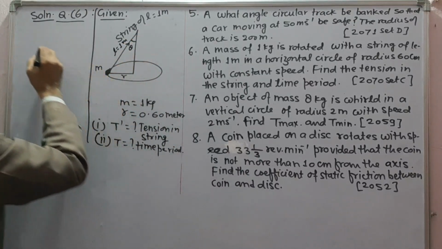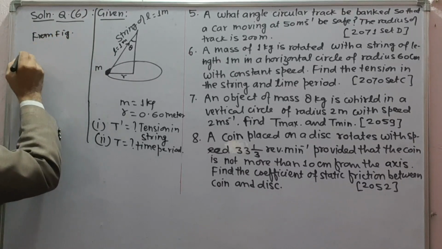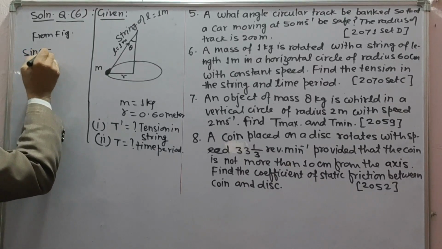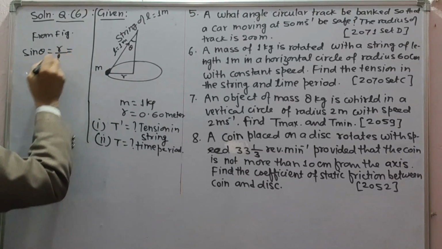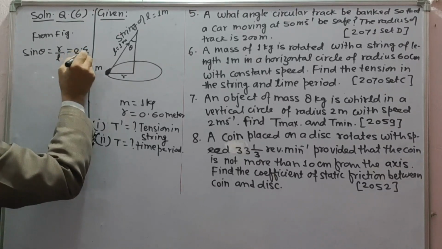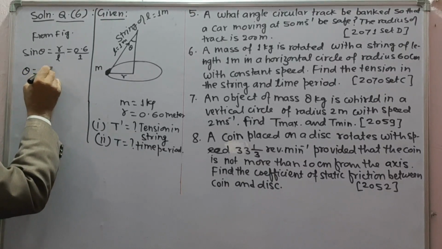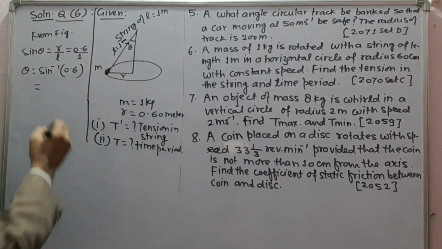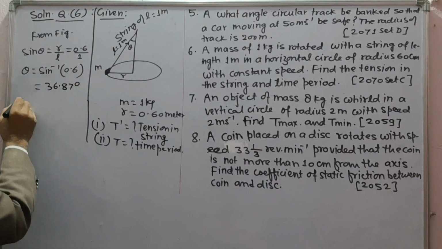So from figure sin theta will be equal to r upon L. r is equal to 0.6, L is 1. Therefore, theta will be equal to sin inverse of 0.6, which gives 36.87 degree.